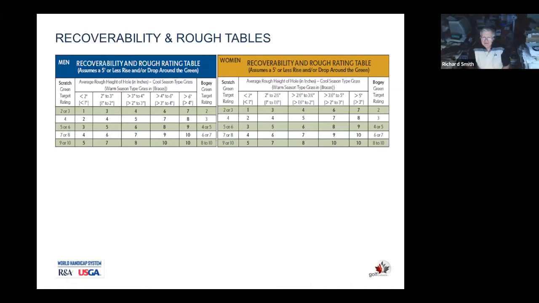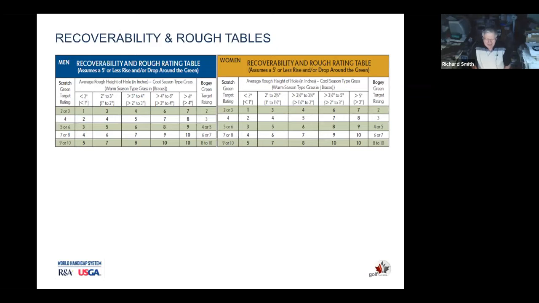So here are the R&R tables. In all cases, you come into the appropriate table from the left to do the scratch rating, from the right to do the bogey rating, and then you look here at the rough height. Now, when we're evaluating rough height, that's typically done by talking to the superintendent before we do the rating.